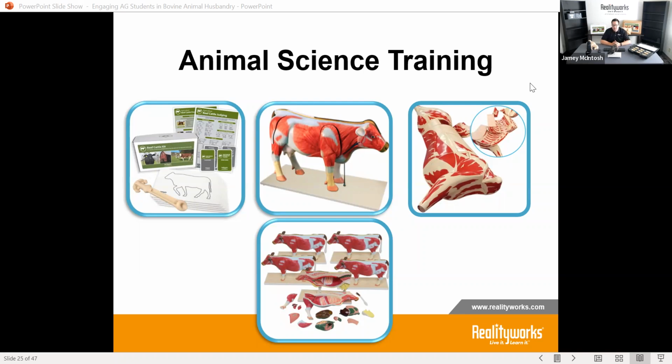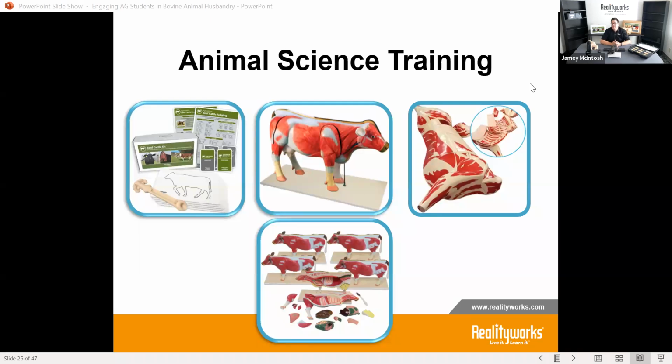In this case, we have other parts of this animal science training. We have a beef cattle kit. We have our cow model, both an individual large-scale cow model, and then we also have a 5-pack of small scale cow models. All those parts and pieces are able to be taken out, put back together, and are interactive.